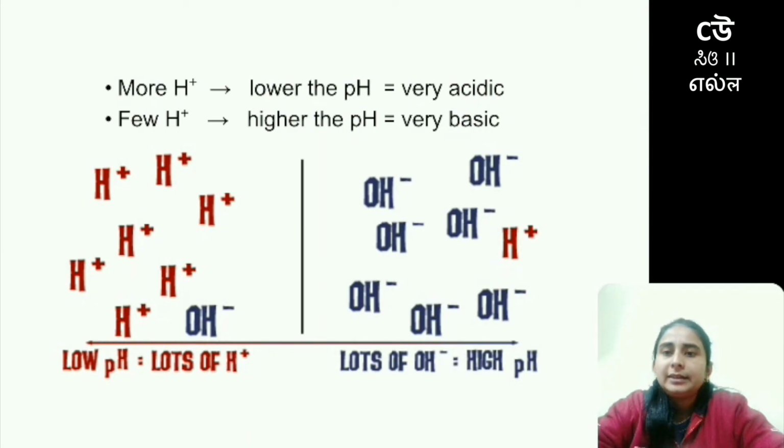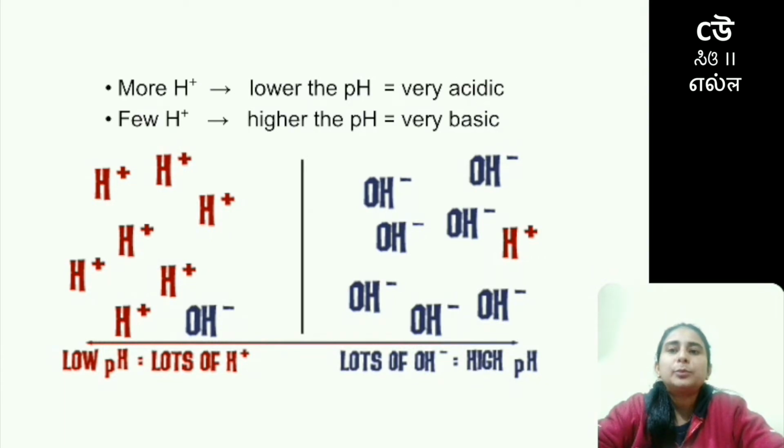Moving on, here we have some symbols that help us to identify whether a substance is an acidic one or a basic one. So in the first picture, we have more H positive ions and just one hydroxide ion, right?